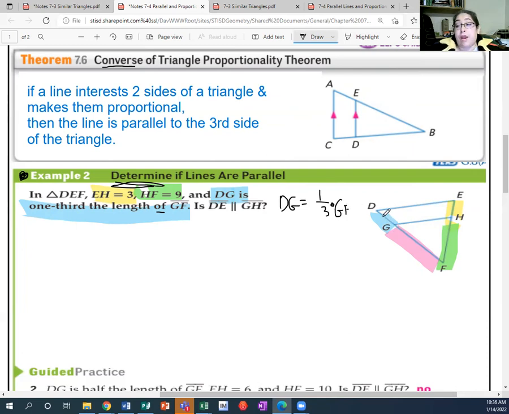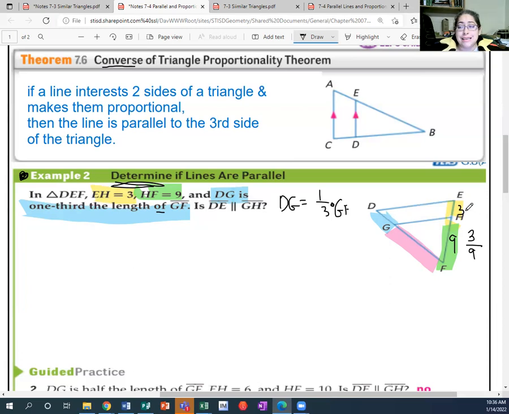I need to be able to write DG and GF as a fraction and EH and HF as a fraction, and I want those fractions to be equal. If they are, then I can say these lines are parallel. Okay, let's write these two as a fraction first. That fraction is 3/9. Okay, well, I don't really know what measurements these are, but I know that this piece is 1/3 of this.